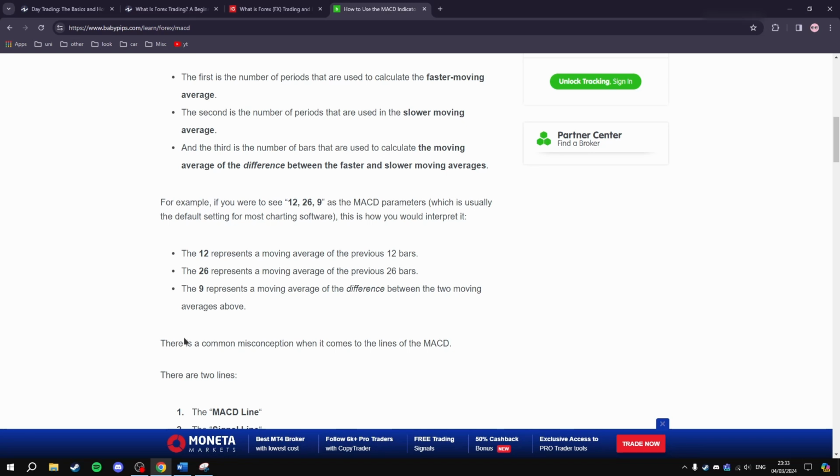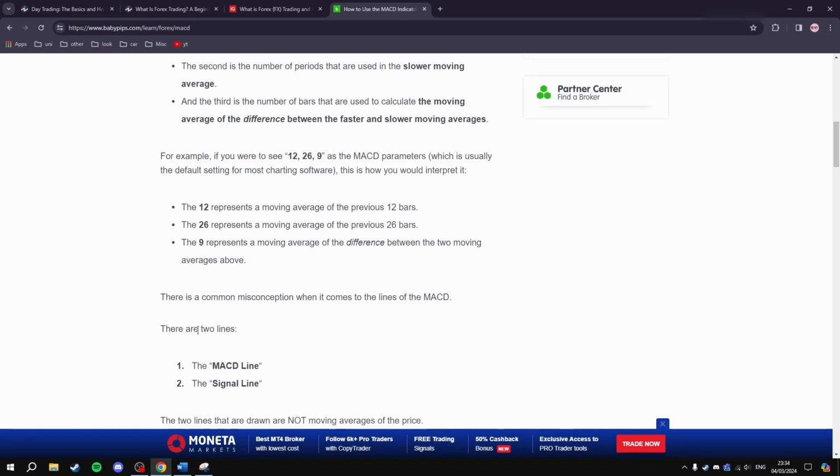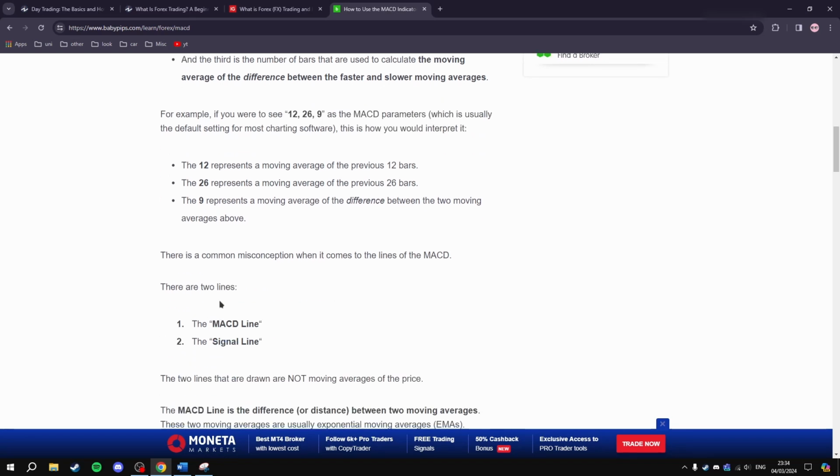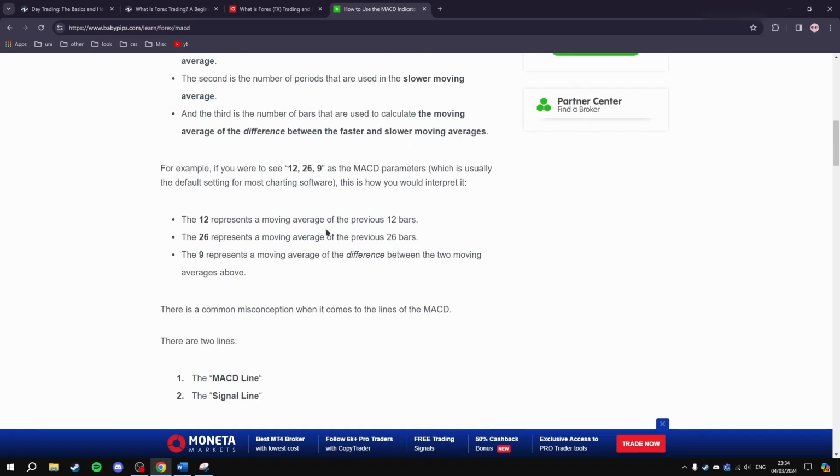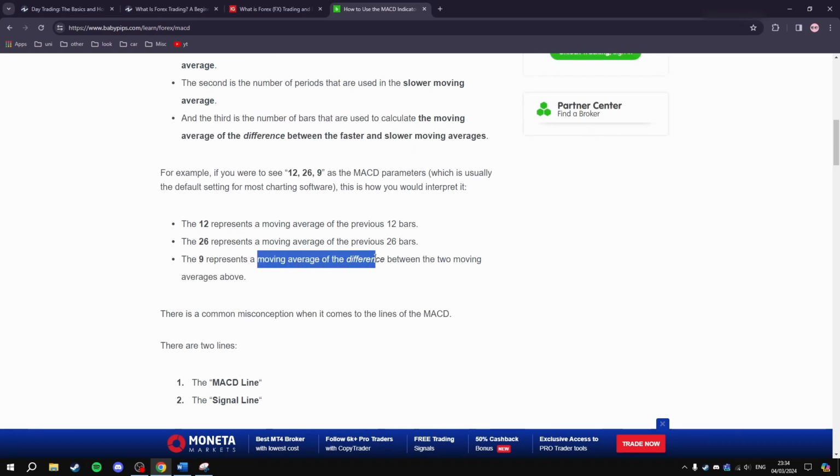There is a common misconception when it comes to the lines of the MACD. There are two lines, the MACD line and the signal line. The 9 represents a moving average of the difference between the two averages above. What's a moving average of the differences? So it's the difference between the fast and the slow one. But isn't that just one minusing the other one?